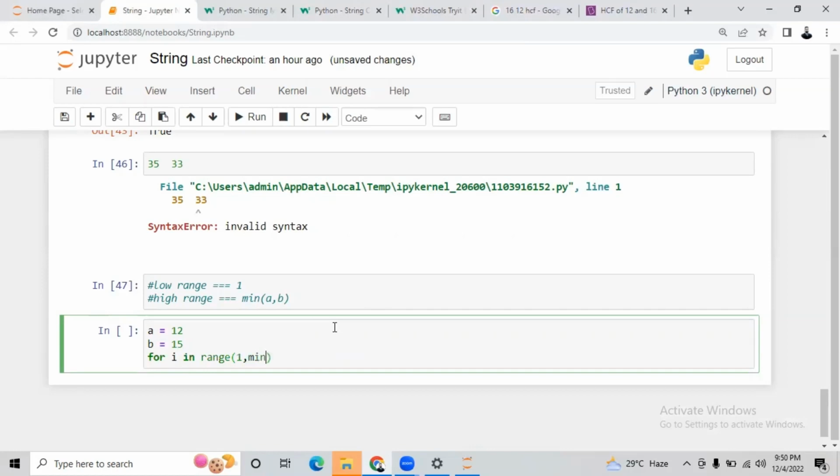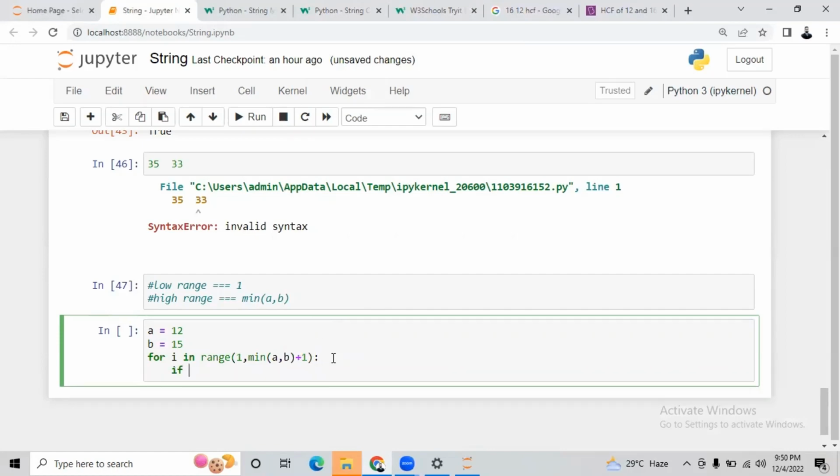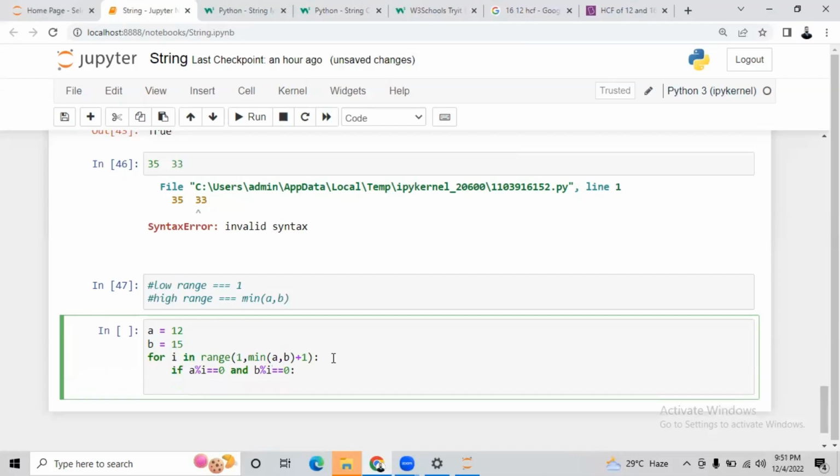Min of A, B, plus 1, because the end is excluded. And what should the condition be? If A modulus i equal to 0 and B modulus i equal to 0, correct?